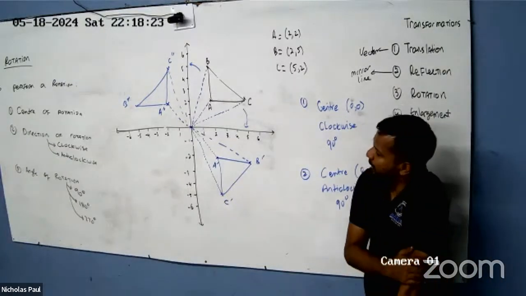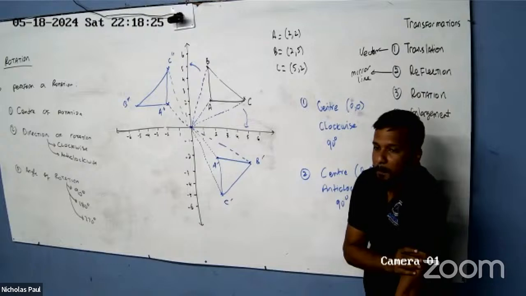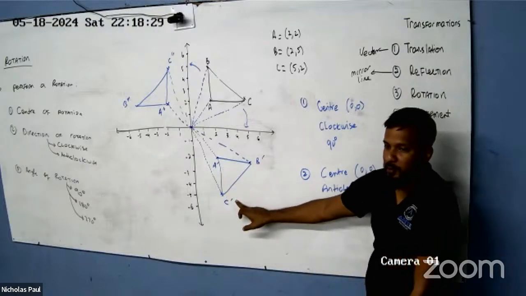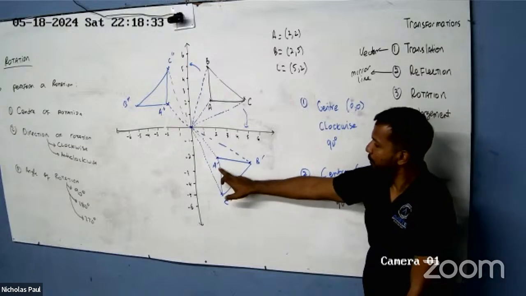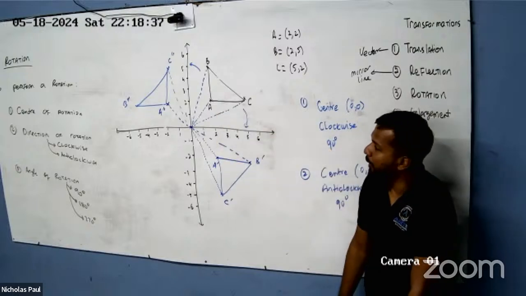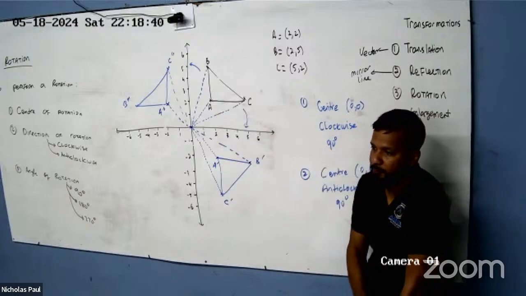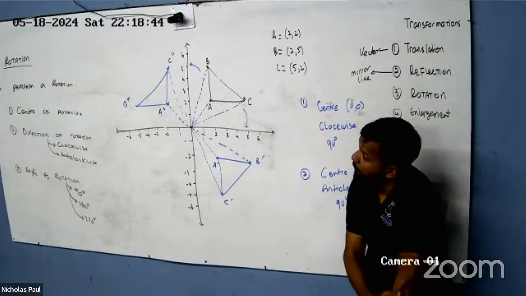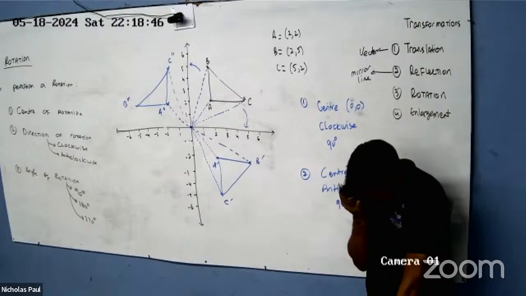Describe fully the transformation from A prime, B prime, C prime to A double prime, B double prime, C double prime.